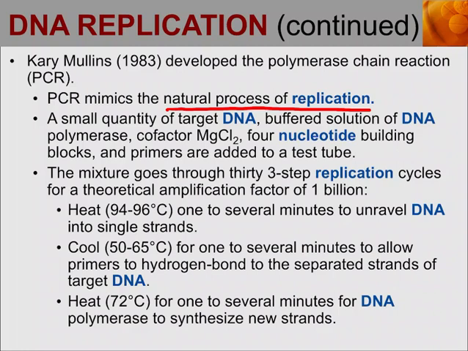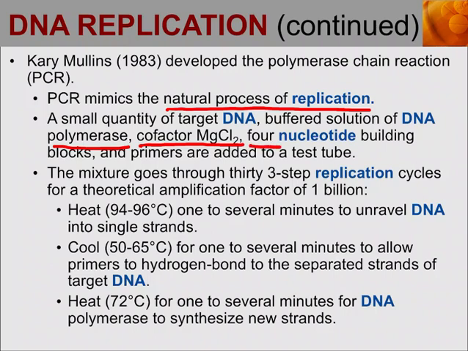You can take DNA and put it into a PCR machine or instrument. You also add some DNA polymerase, that enzyme that helps form new fragments. This also requires a cofactor, magnesium chloride. Remember, a cofactor is something that helps an enzyme function. So this helps the polymerase do its job.